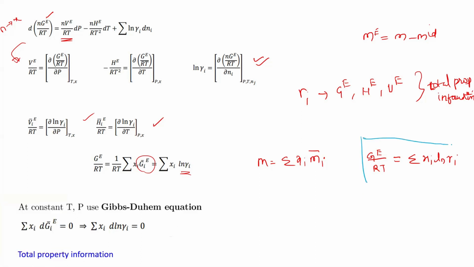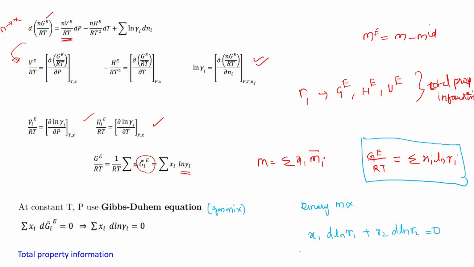Good. Now, using the Gibbs-Duhem equation, which we have done for gas mixtures also, we have expressed this. For example, for a binary mixture, x1 d ln gamma 1 plus x2 d ln gamma 2 equals 0.